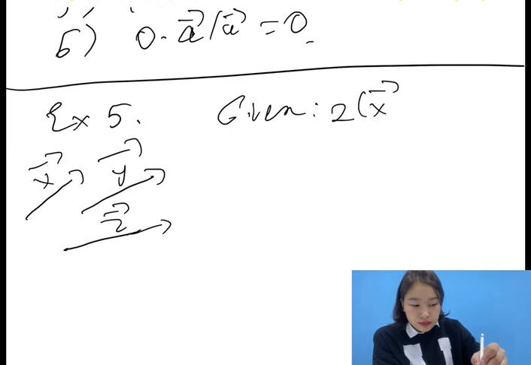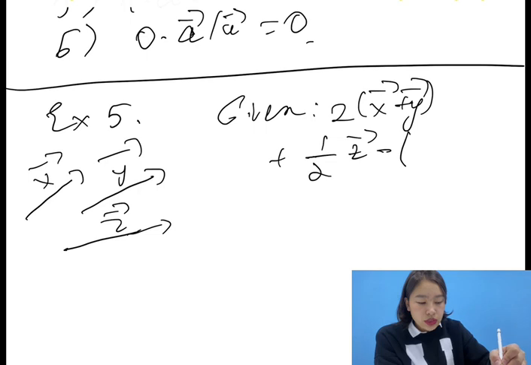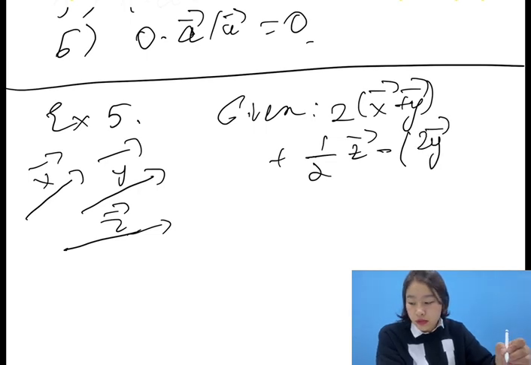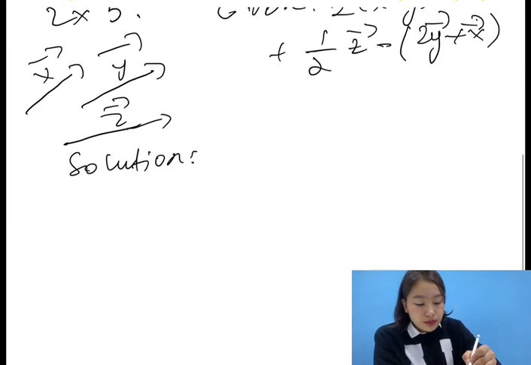And the given expression is 2 multiplying by x plus y vector plus 1 over 2 z vector minus 2 multiplying by y vector plus the x vector. How can we solve it? Just easy, using these properties.